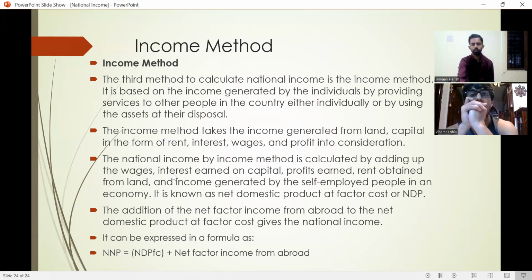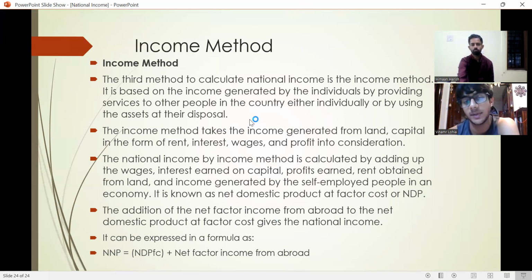And they are all added in the national income method, and it's known as net domestic product at factor cost, or NDP. The addition of the net factor income from abroad to the net domestic product at factor cost gives the national income. So it can be expressed in a formula as NNP is equal to NDP at factor cost plus net factor income from abroad.